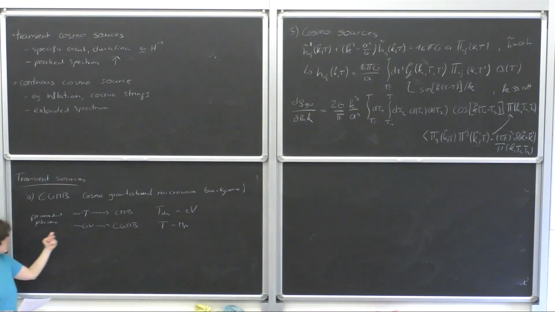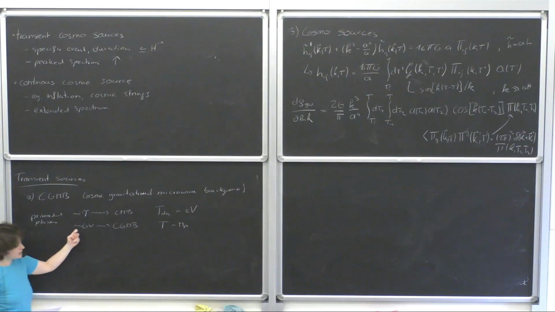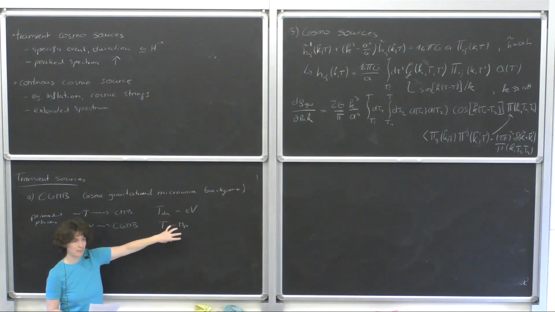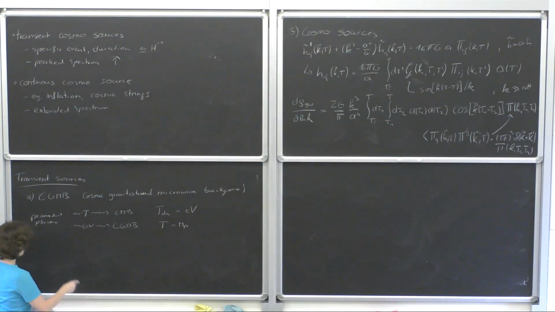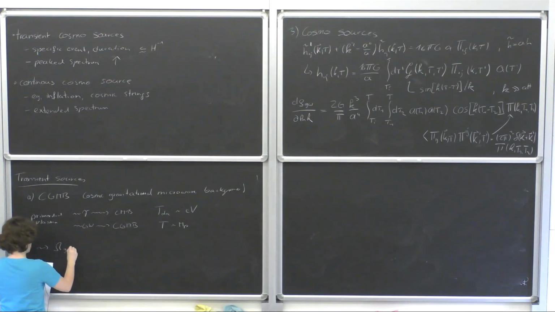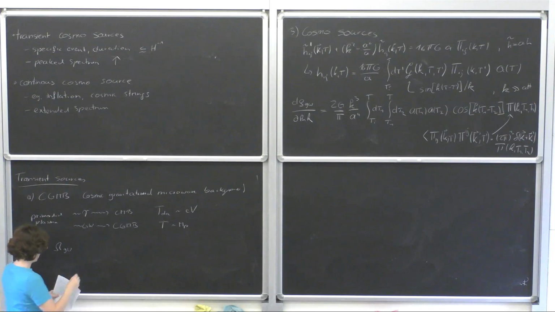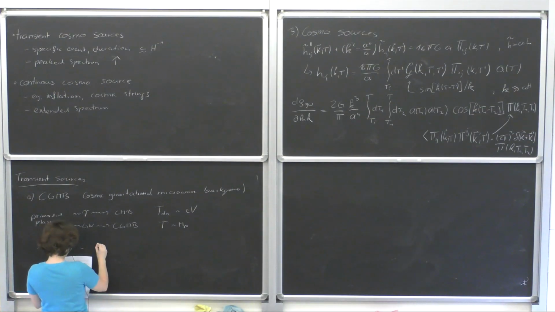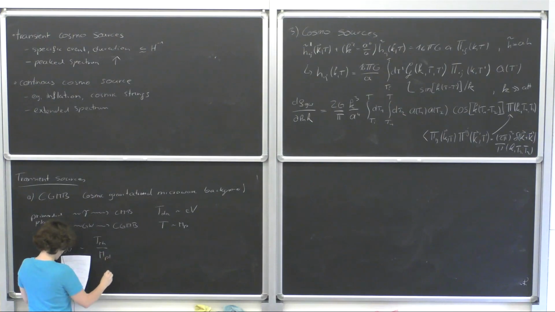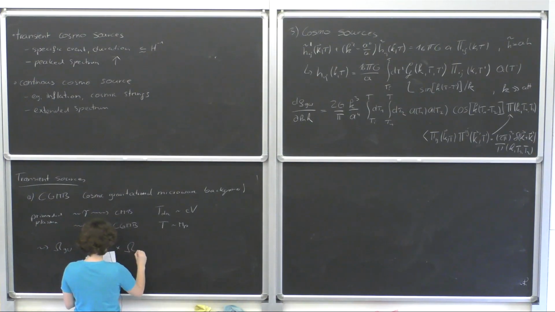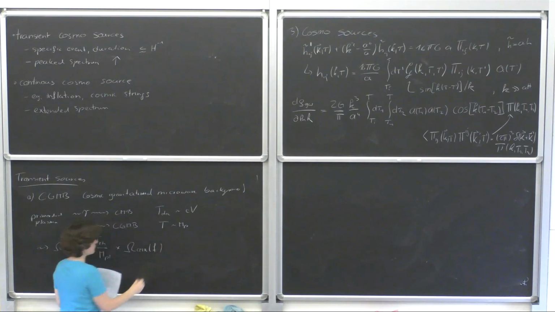So any production process will always be suppressed by some power of T over m Planck. So roughly what we expect, without doing any computation, is that this omega gravitational wave will have some suppression with some power of T over m Planck. And then it will follow the spectrum that we know and have measured from the CMB.